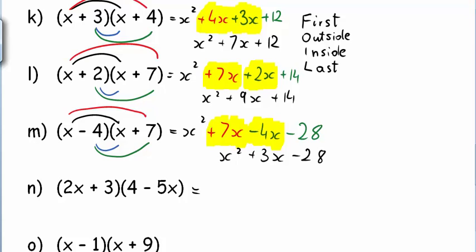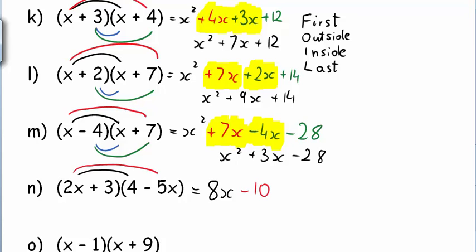The next example is even much more difficult than the previous one, and the reason for that being I have to multiply some numbers and minuses. So have a look how I'm doing this. 2x times 4 is 8x. 2x times negative 5x, 2 times minus 5 is minus 10.